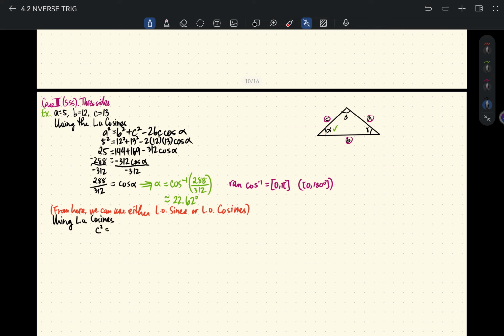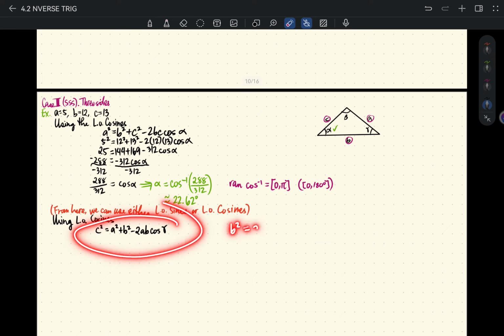So I'm just being a little bit random here. I want to use this form, minus 2ab cosine gamma. Actually, it's not required for you to use this one. You can also use this one to solve for beta. But later on, you'll see why I chose gamma. This one actually has a good value.